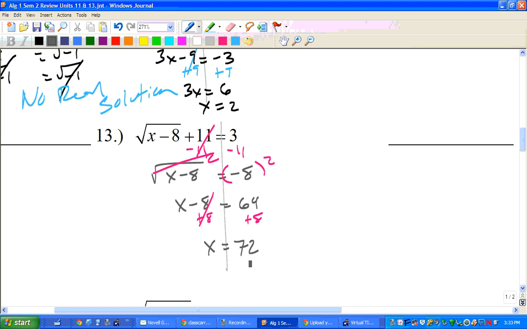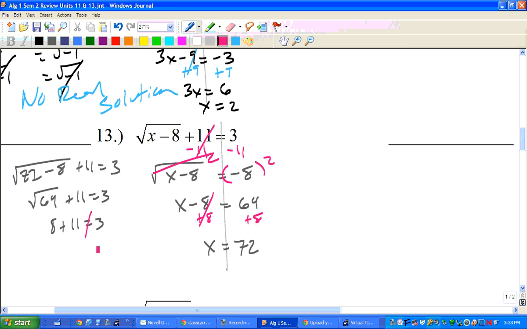Okay, and the next thing we have to do is go ahead and check it. So 72 minus 8 plus 11 equals 3, which is 64. Does 8 plus 11 equal 3? So our answer, no real solution.